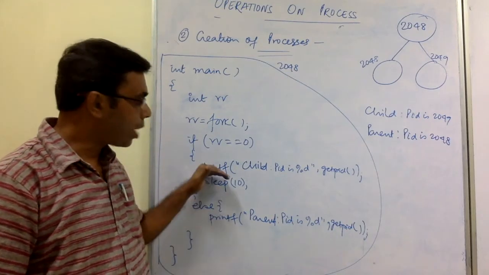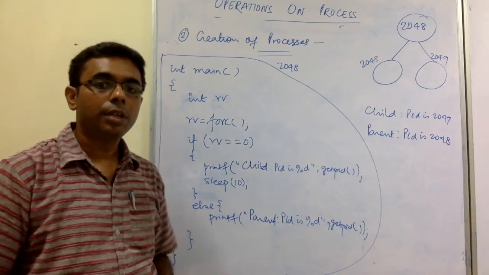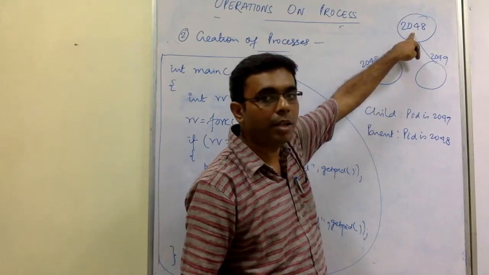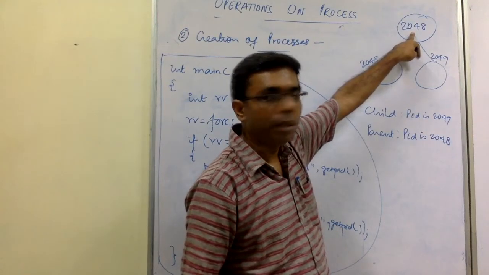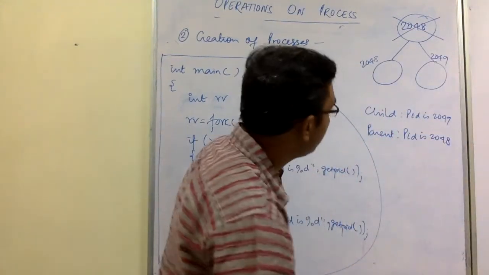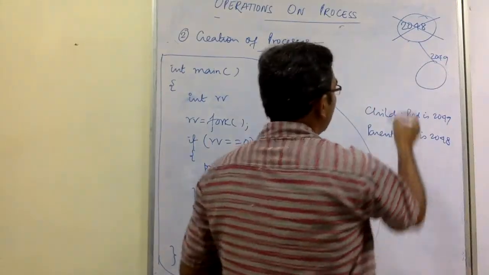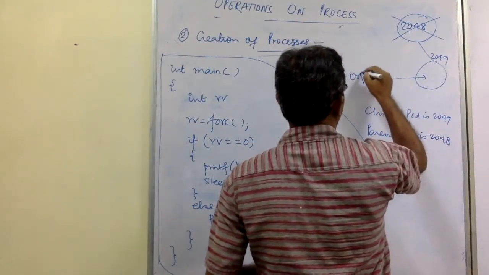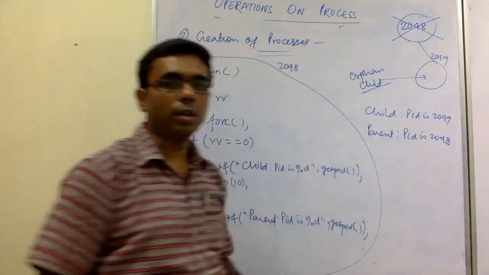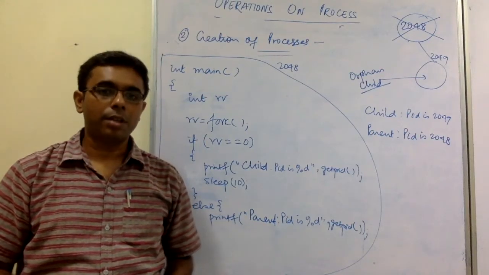Now, when the child resumes, that is, it wakes up, the problem is that the child, which previously knew that it had a parent 2048, now this parent has terminated. So there is no parent. And because there is no parent, the child now is called an orphan child. Okay. So this is the situation that can arise when a parent terminates before the child.